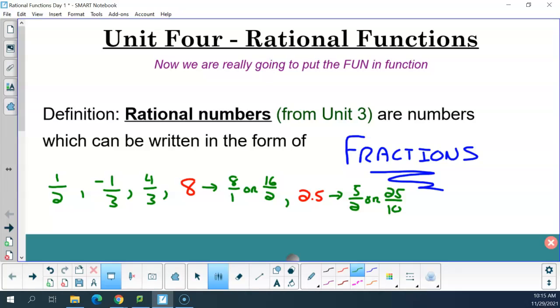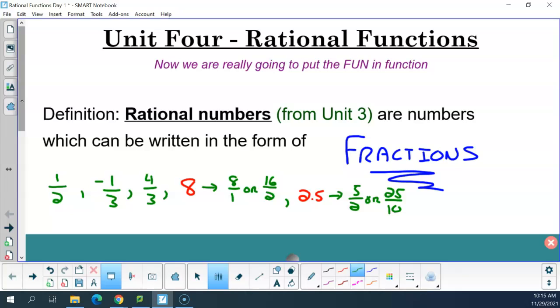There's a lot of stuff here that you need. Trust me. So if a rational number is a number that can be written as a fraction, what do you think a rational function is? A fraction with a variable after it?